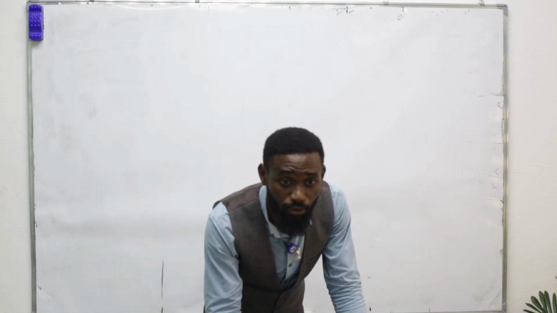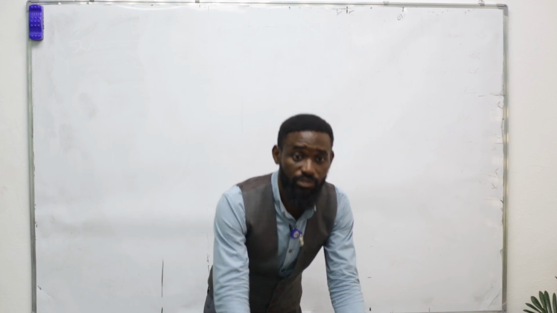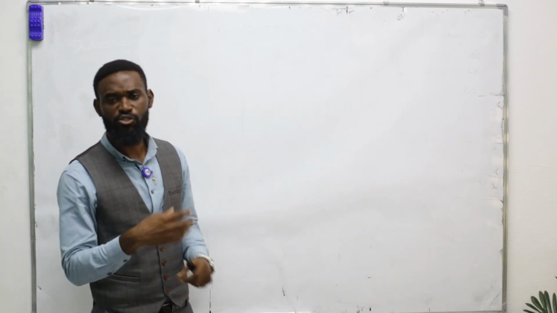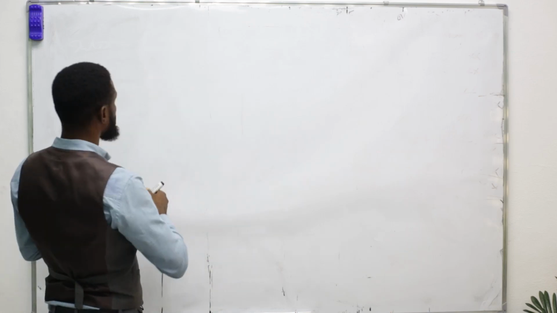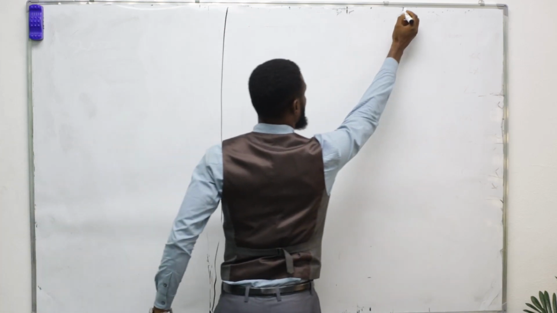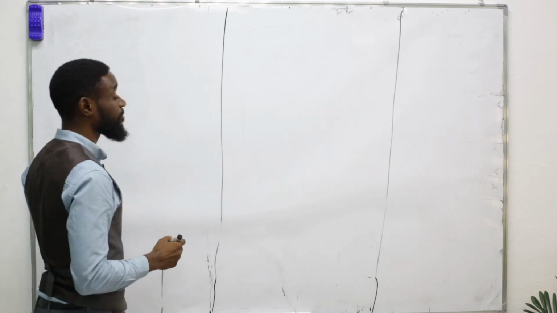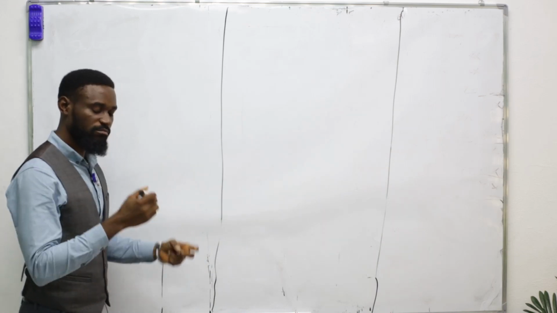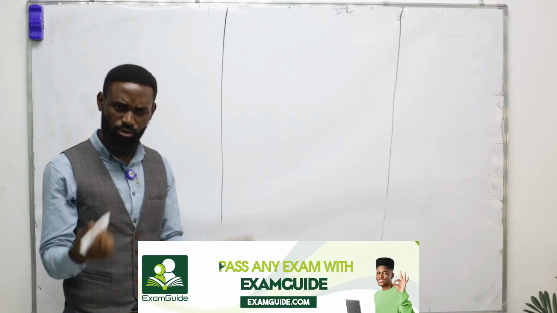So we are going to take some examples. We'll use the elimination method and solve some examples of simultaneous linear equations. Now, some of you may be asking, what does a simultaneous equation look like?